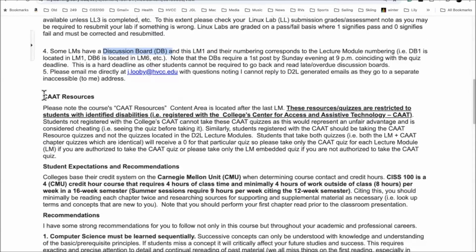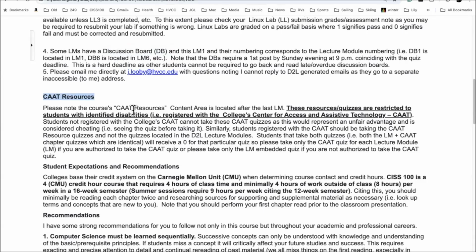Again, for any students that have disabilities, you must register with the CAT, the Center for Assistance in Assistive Technologies. Once you do that, contact me and we will work out what needs to be done. At the bottom of those content areas, you're going to see a resource that says CAT quizzes. These are solely for students that have registered with the CAT and have contacted me.